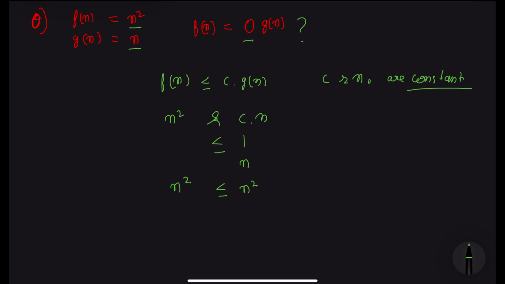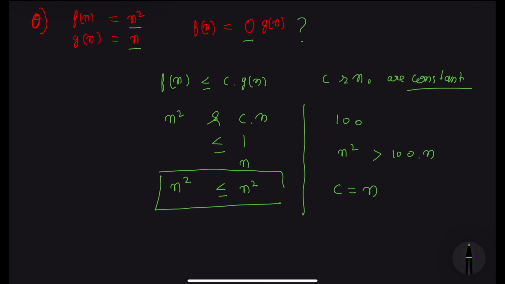And if we take any other value of c, like c as 100, then f(n) will become n square and c of g(n) will become 100 into n. So this is not satisfying the condition, this will be greater than. The only condition that will satisfy is if we keep the value of c equal to n. Then it will become n square on both sides and this will satisfy the condition.